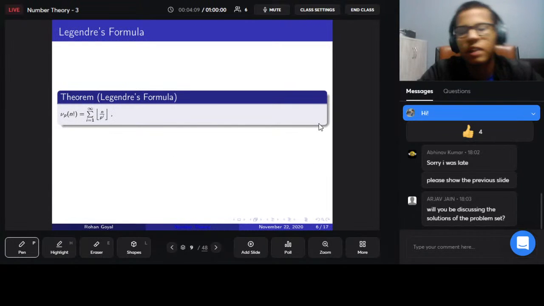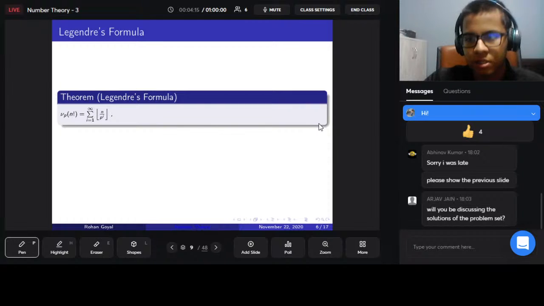Okay, so this is Legendre's formula. Have you seen this before, or do you understand what this says?